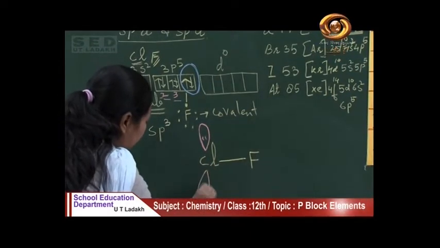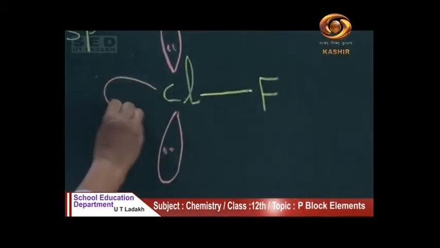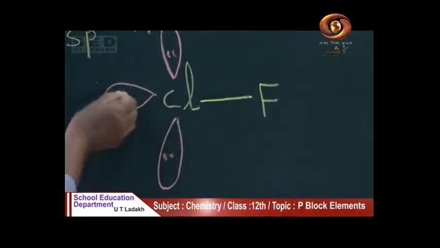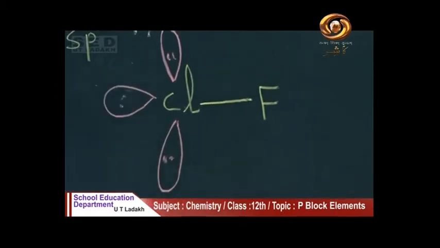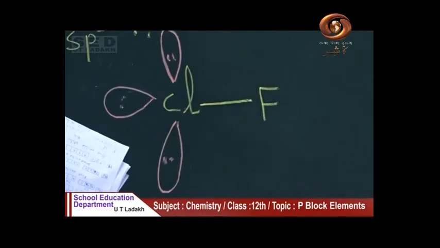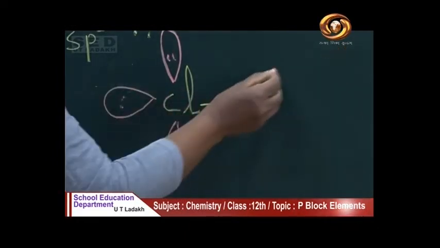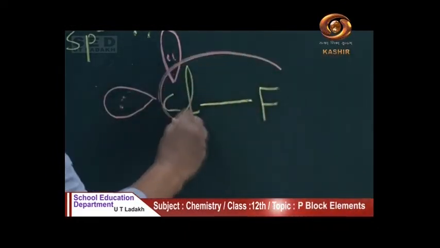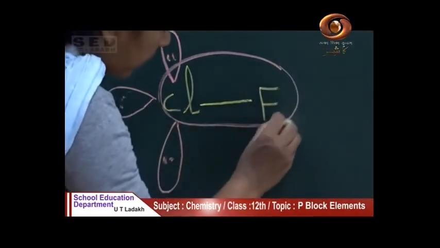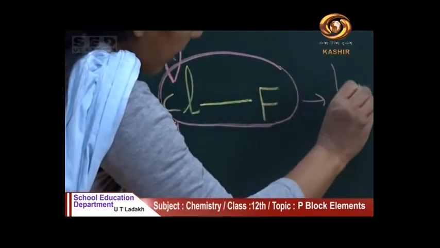It has 3 lone pairs of electrons, and its structure is linear in nature.